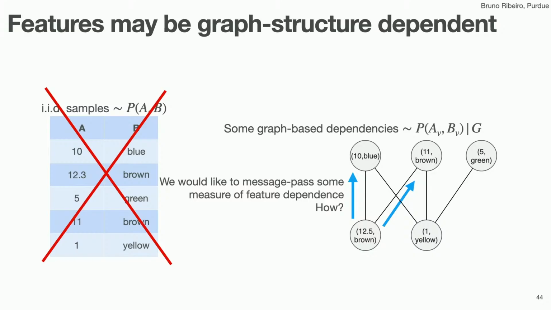And then I started thinking, well, if the data is not IID, not independently sampled, but rather is in a graph and I don't know the dependencies, then what can I do with this? Could I do some kind of message passing to tell the other nodes how dependent my features are to their features? Because if I can just talk about dependencies, the feature values are not important. They're completely irrelevant, right?